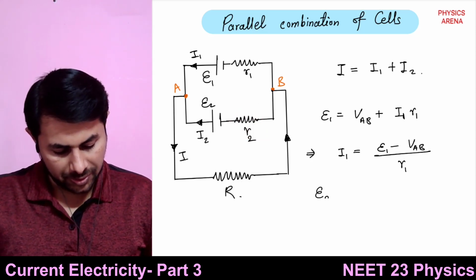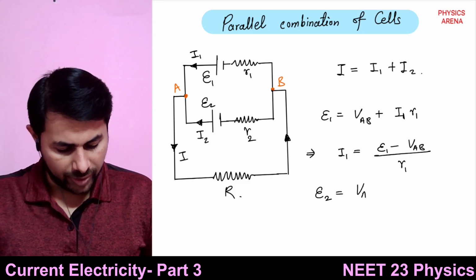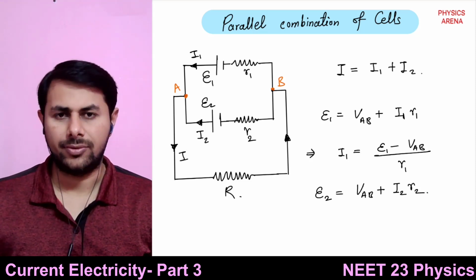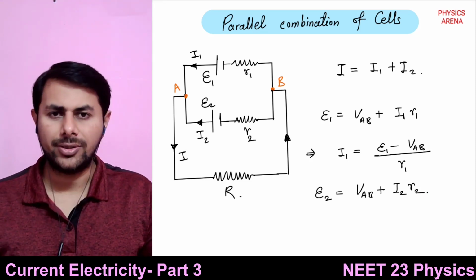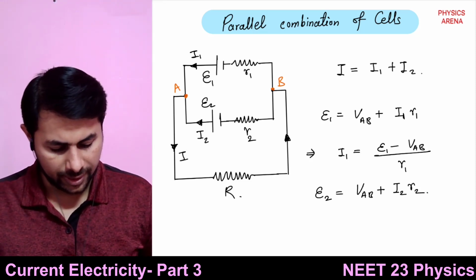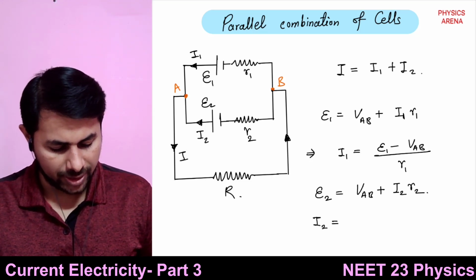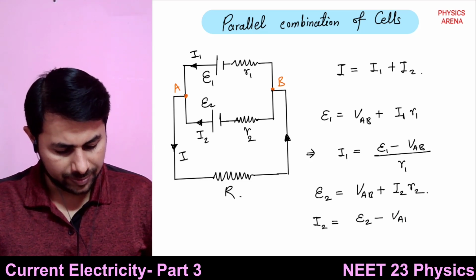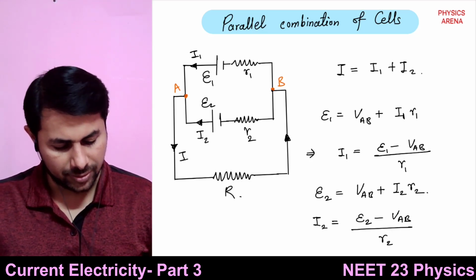So epsilon 2 is equal to VAB plus I2 R2, the potential drop across the second resistor. And then we can find out I2 from here. So what do we get? We get epsilon 2 minus VAB divided by R2.